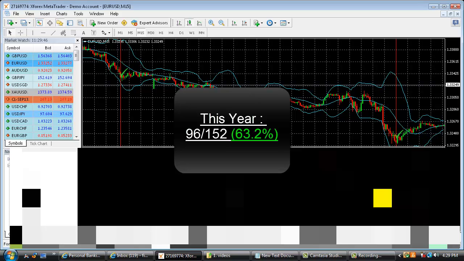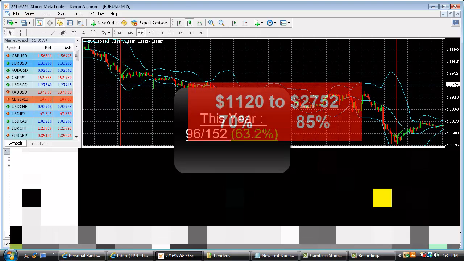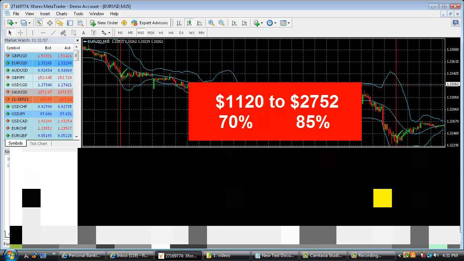What does this mean? That means we would have made $1,120 to $2,752 on a $100 trade size. The payouts for different currencies and different brokers do vary, but for the broker that I've partnered with for this promotion, 24 options, you will have to sign up under our link to get this free.